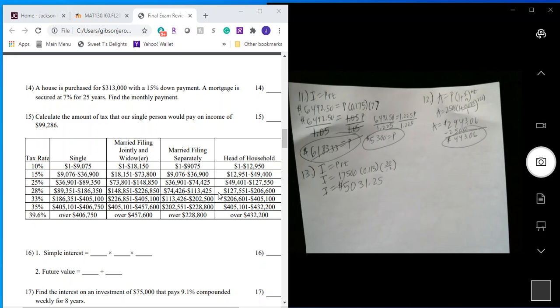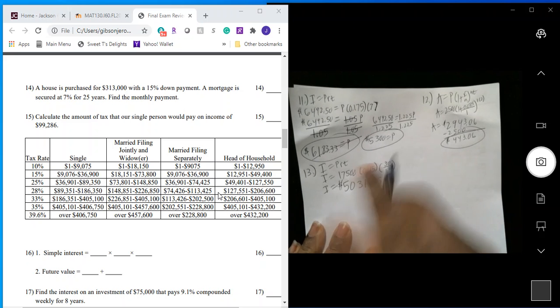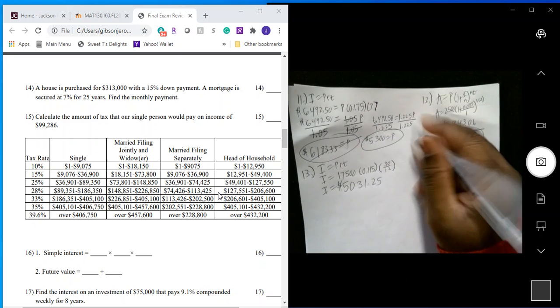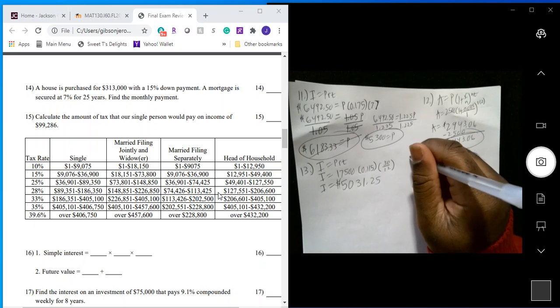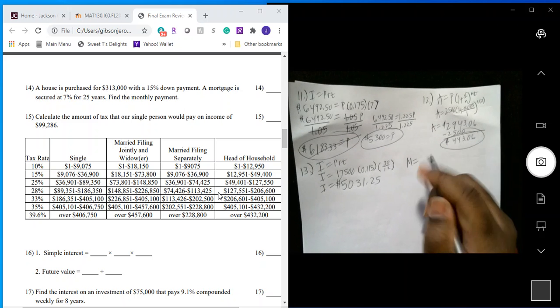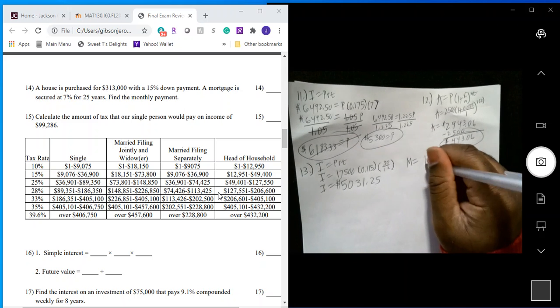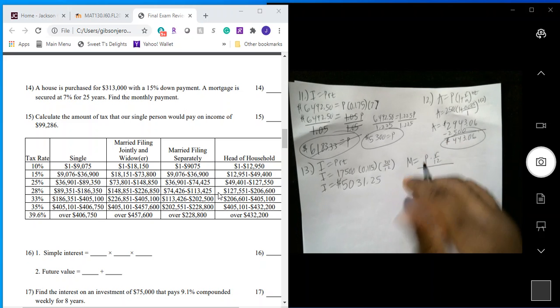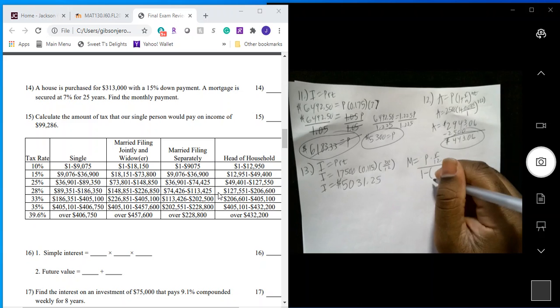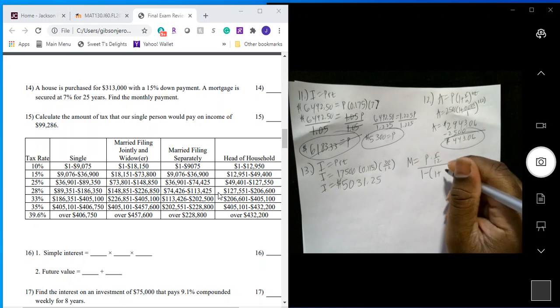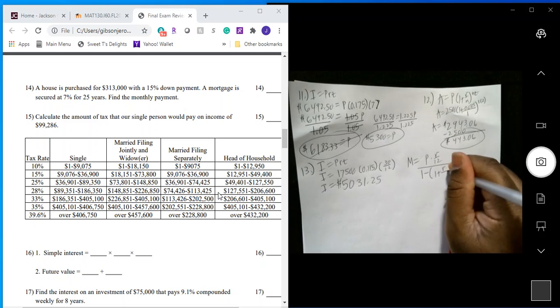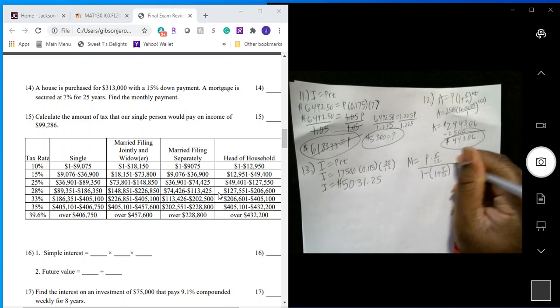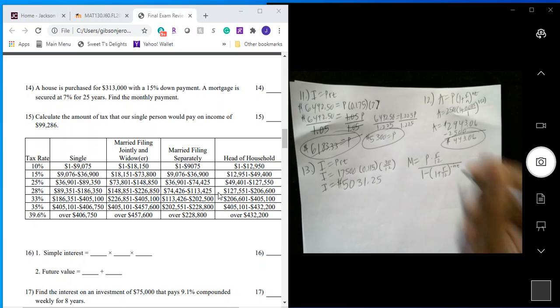So, let's take a look first at the monthly payment formula, and I'm going to write it over here. So we have the monthly payment is principal times the rate over 12 divided by 1 minus 1 plus r over 12 to the negative nt power.